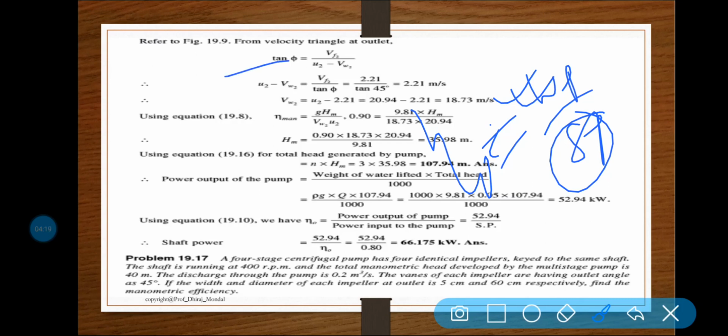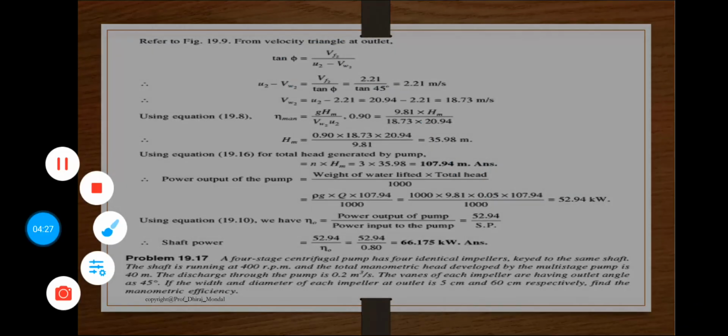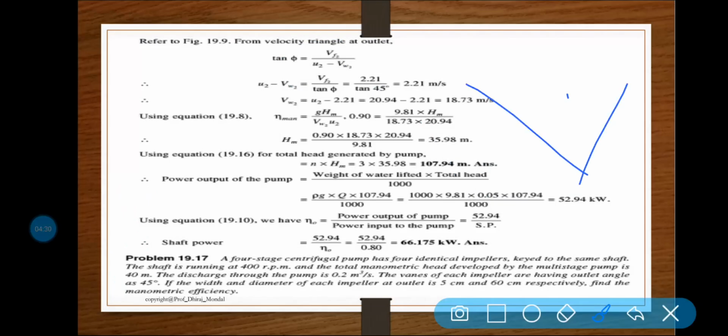So here tan phi is equal to Vf2 by Vw2. Many times I have told you, if it is the velocity triangle at the outlet, then you can write tan phi is equal to this equation. Then u2 minus Vw2 is equal to Vf2 by tan phi.